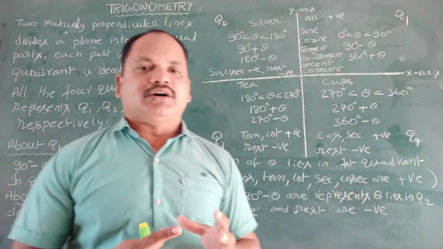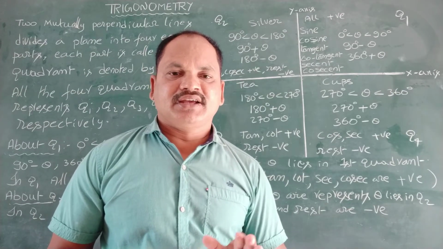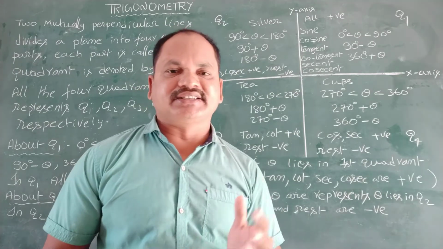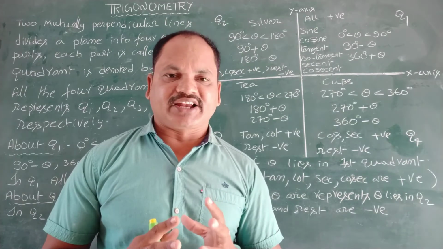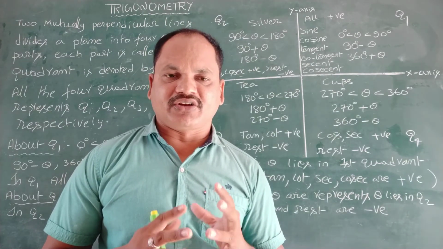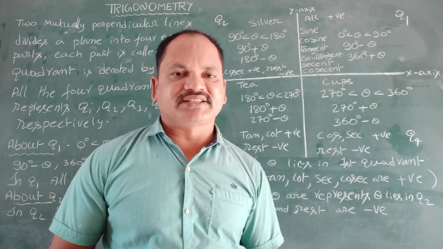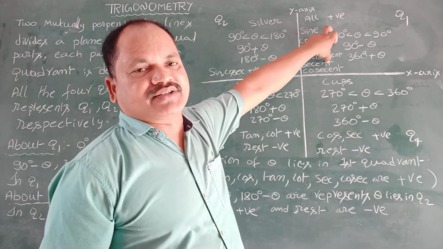Actually, there are 6 trigonometric functions: sine, cosine, tangent, cotangent, secant and cosecant. These are the trigonometric ratios as well as trigonometric functions. These 6 trigonometric functions are positive in the first quadrant.